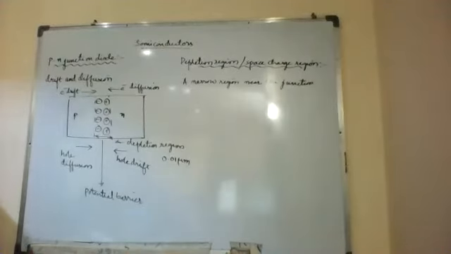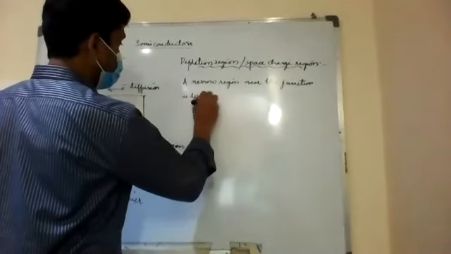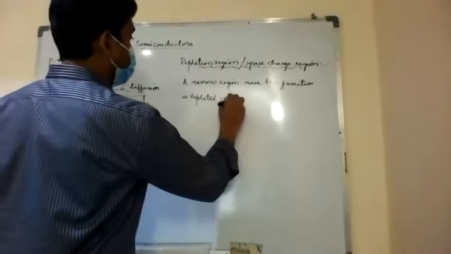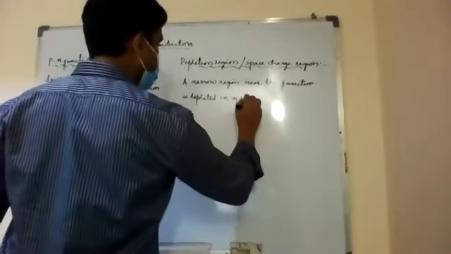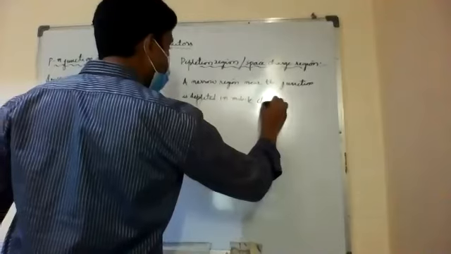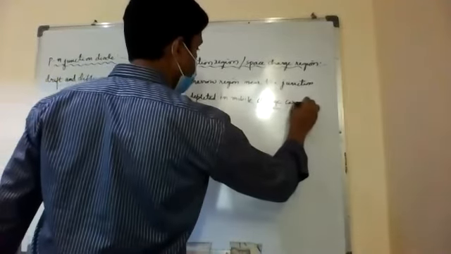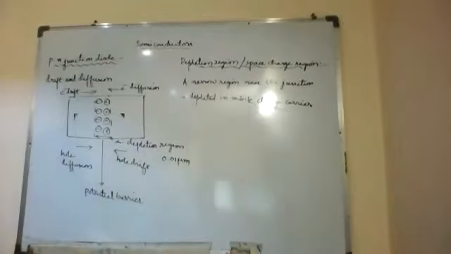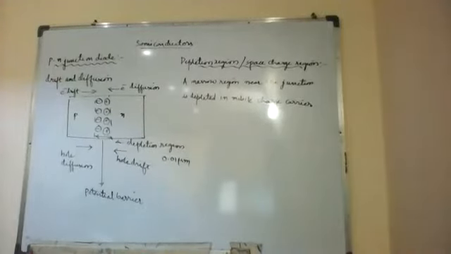A narrow region near the junction is depleted in mobile charge carriers. This is known as the depletion region or space charge region, which is around 0.01 micrometer. The thickness is very, very small.